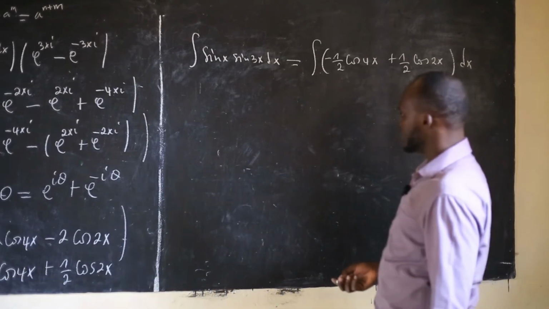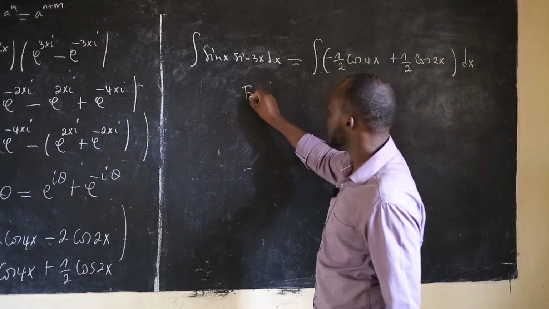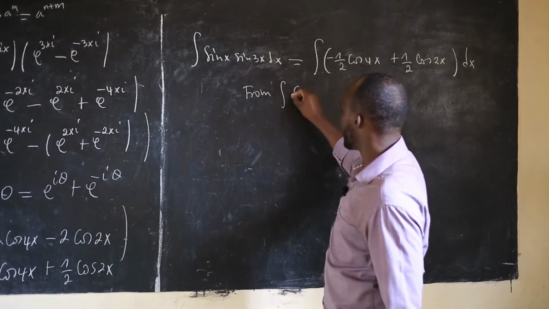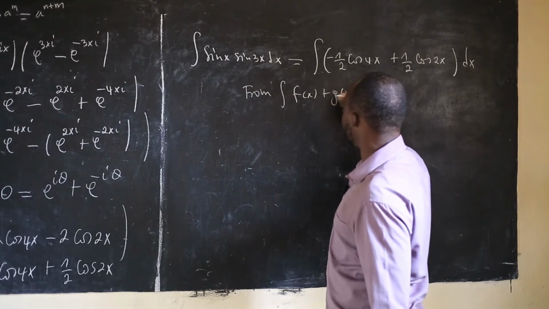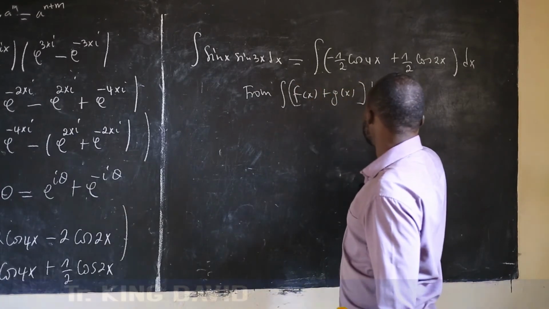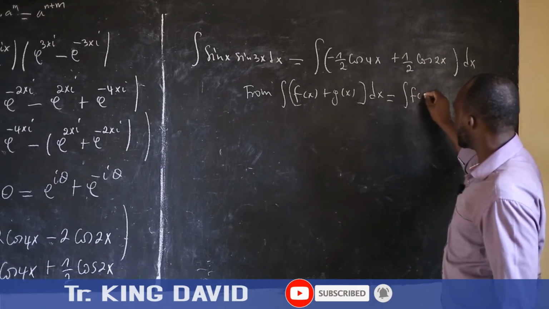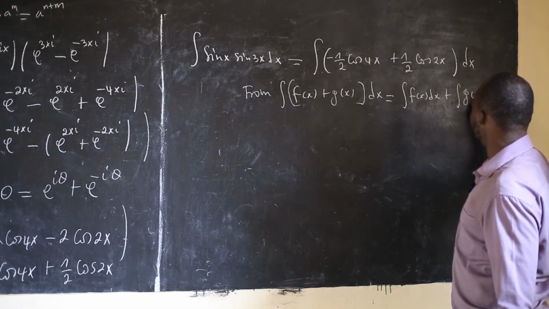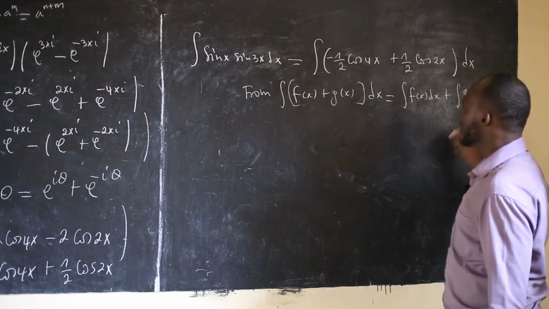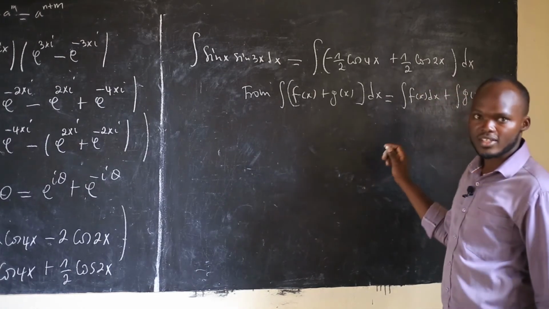So here it is very easy. When you have integration of f(x) plus g(x) into bracket dx, it is the same as integration of f(x) dx plus integration of g(x) dx. Because we have two functions, we do integration of each.